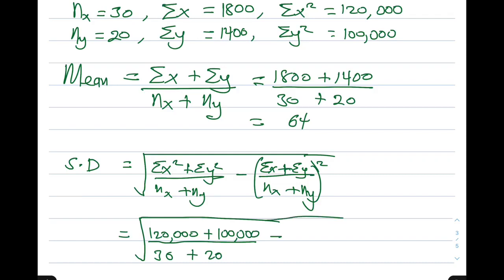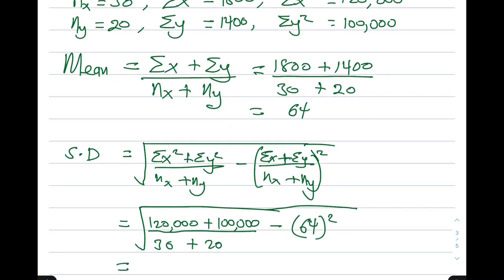Now the combined mean, we know that the combined mean is 64, so 64 squared. You put this thing on your calculator, ladies and gentlemen, and then your answer should be 4 root 19, or you can write 17.4. That is correct to 3 significant figures. All right, so this is how we go about it.